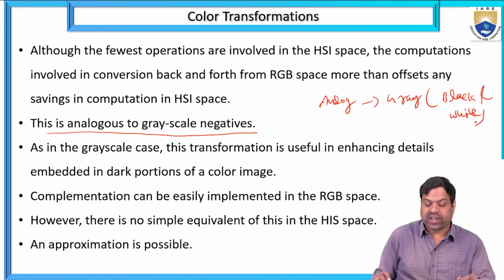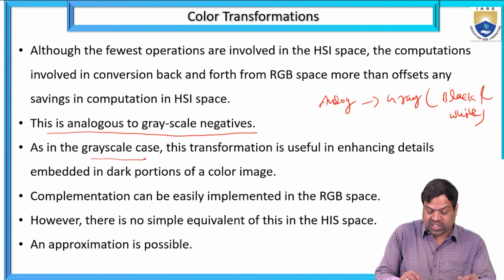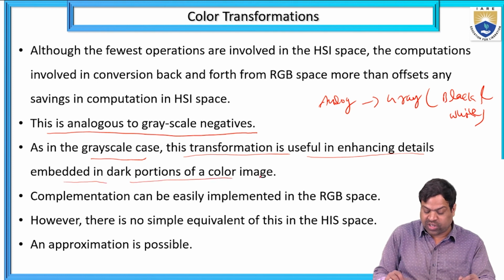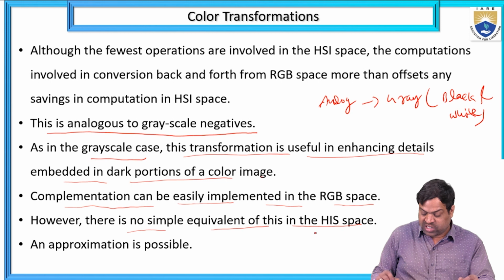In the grayscale case, the transformation is useful in enhancing the detail embedded in dark portions of a color image. But the computation can be easily implemented in the RGB space. There is no simple equivalent of this in HSI space, and approximation is possible.